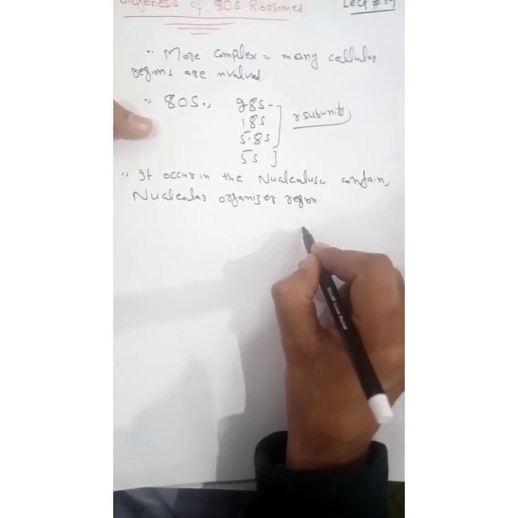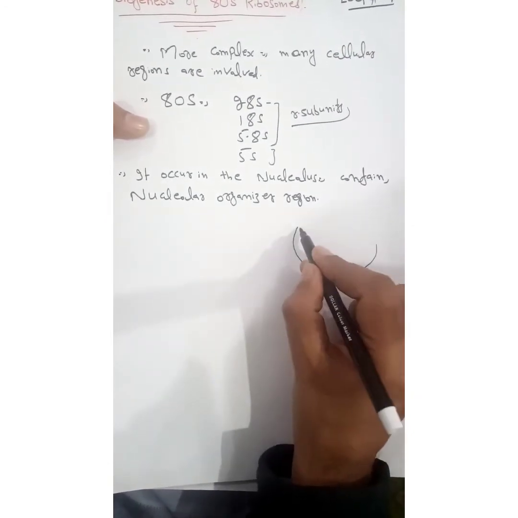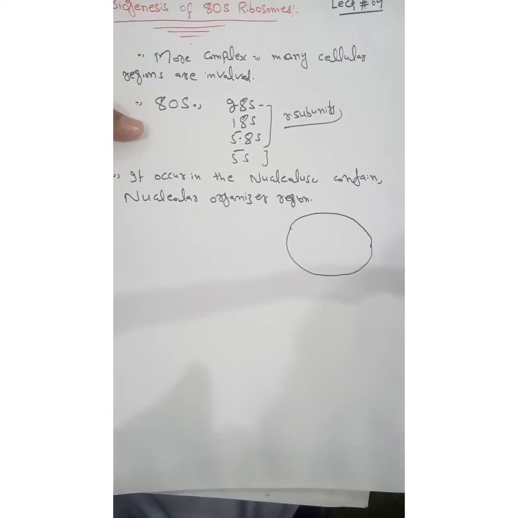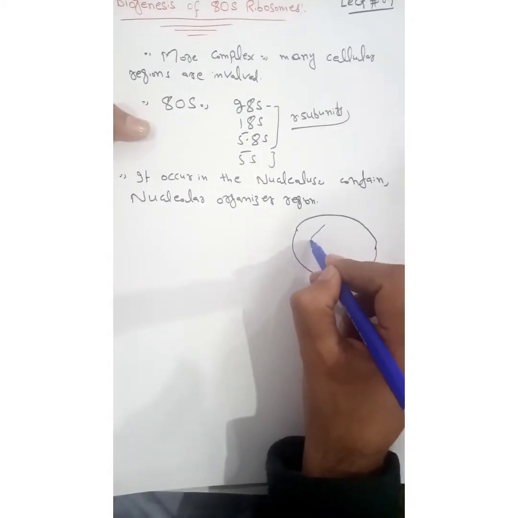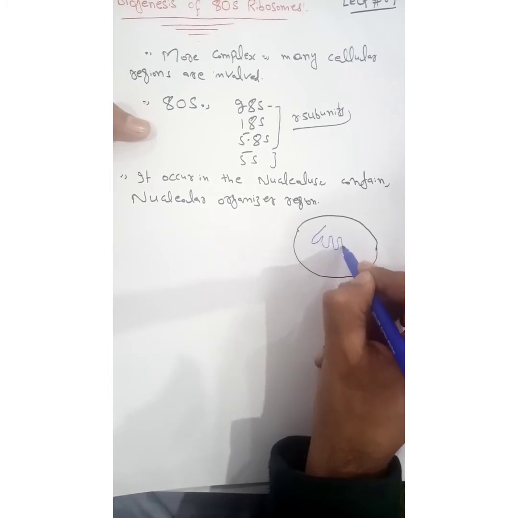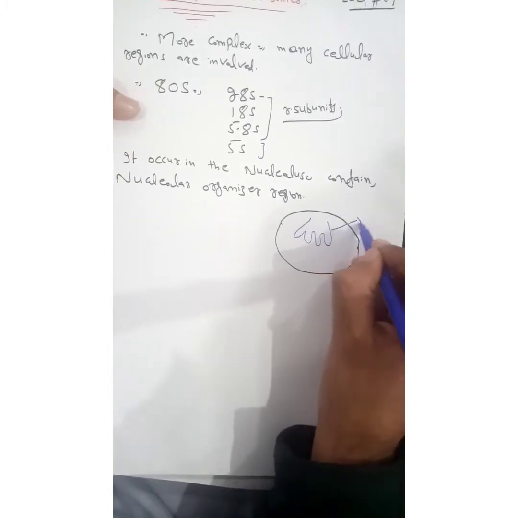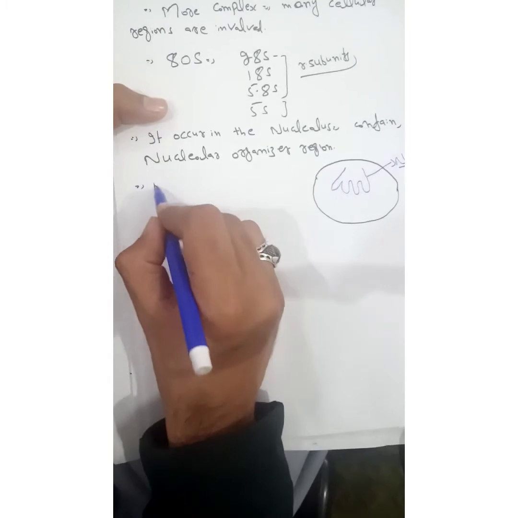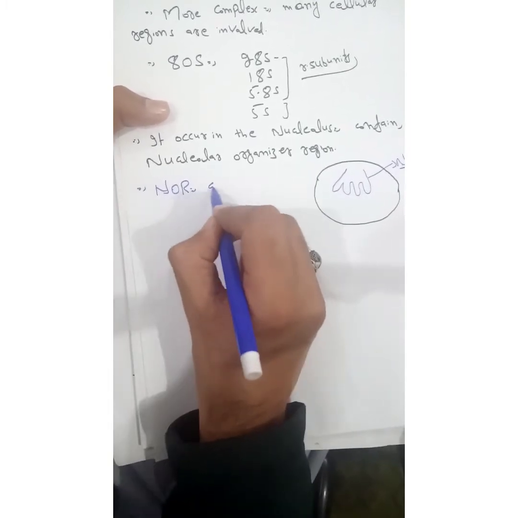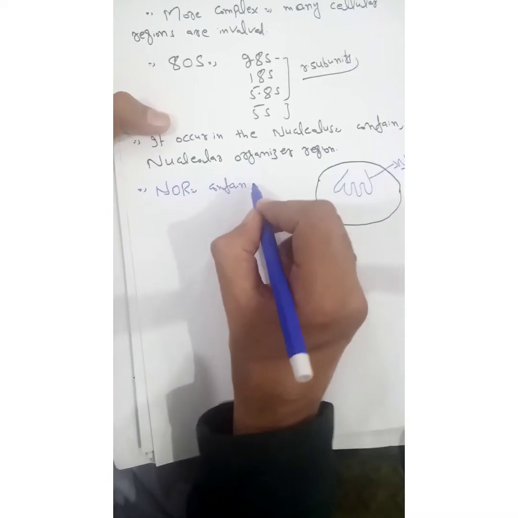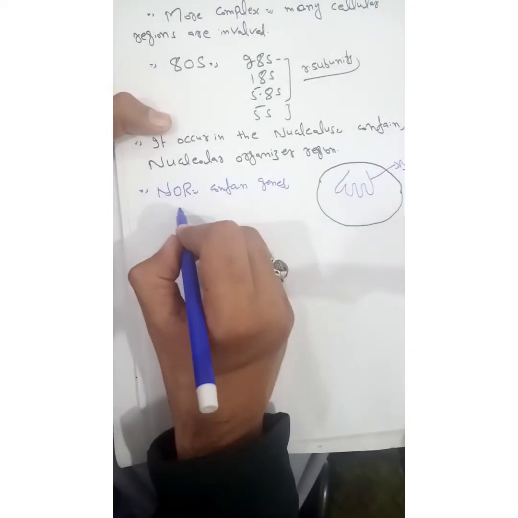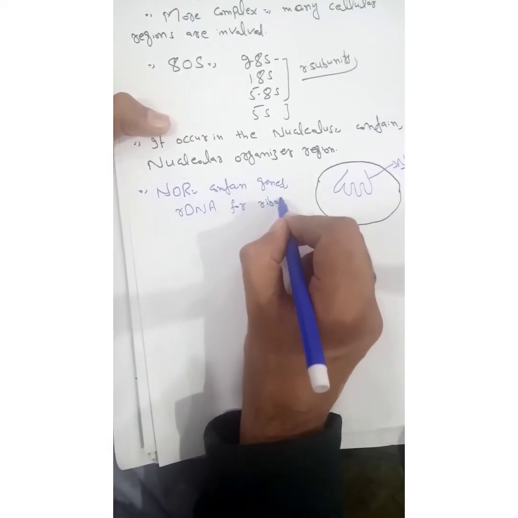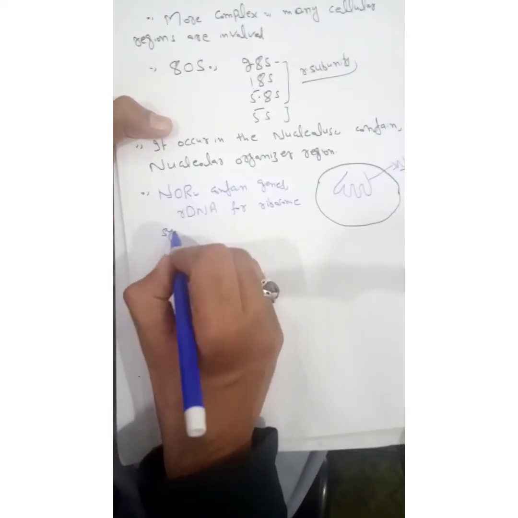For example, this is the nucleus, and inside the nucleus there is the nucleolar organizer region. Now what does the nucleolar organizer region contain? It contains genes, or we can say ribosomal DNA, for ribosome synthesis.